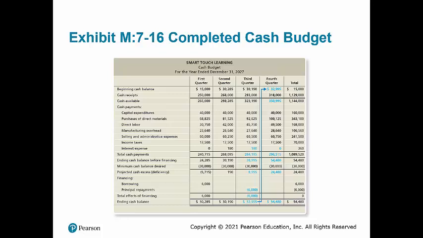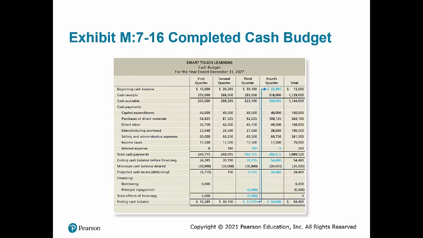However, at the end of the third quarter, they project their cash balance to be $38,995, which, after subtracting the minimum cash balance, gave Smart Touch Learning a cash excess of $8,995 that allowed them to repay the entire $6,000 that had been borrowed, and they have an ending cash balance for the third quarter of $32,995 that becomes the beginning balance for the fourth quarter of the year.